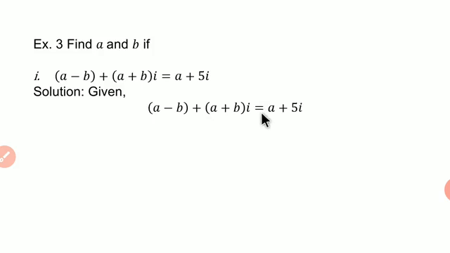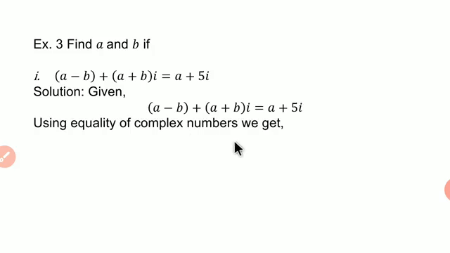Now we know the two complex numbers are equal if and only if their real parts are equal and their imaginary parts are equal. Okay. So using the equality of complex numbers, here we get A minus B is equal to A.